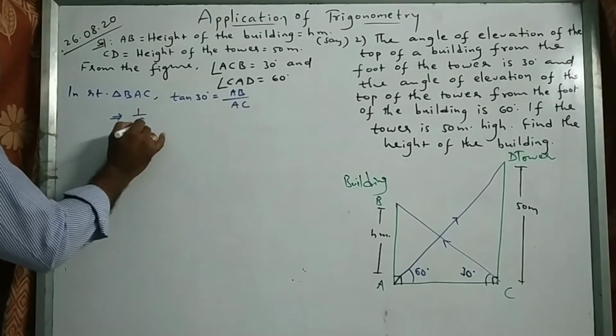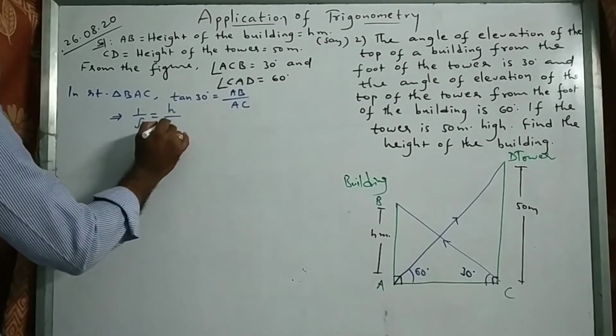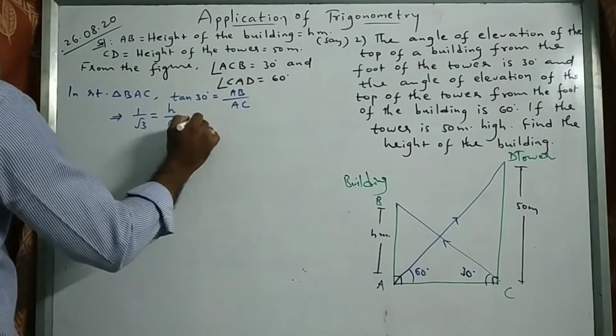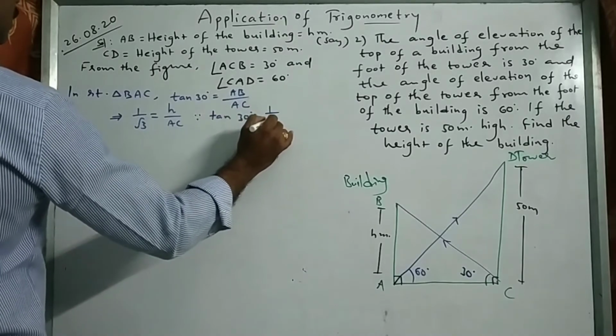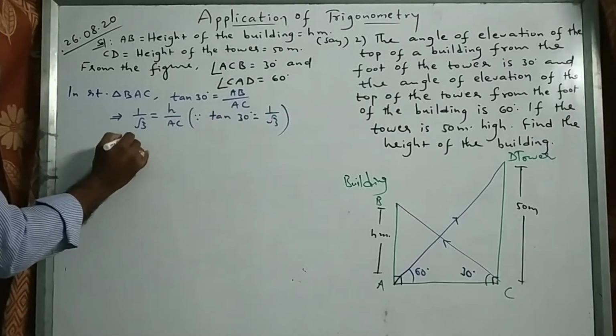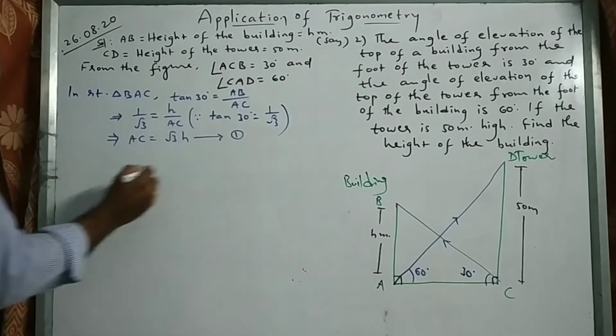Tan 30 is 1 by root 3. AB is h, and AC I don't know. The target is h. So AC equals root 3 h, equation 1.